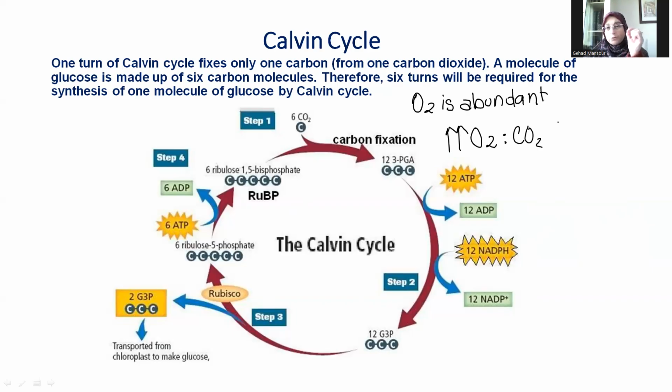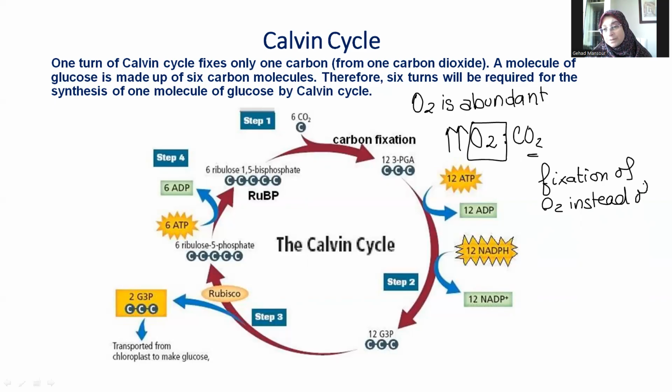However, this ratio should be very balanced, meaning that if there is an increase in oxygen in relation to carbon dioxide, Rubisco takes a major risky step, or a step that might appear harmful to the plant, which is fixation of oxygen instead of carbon dioxide.